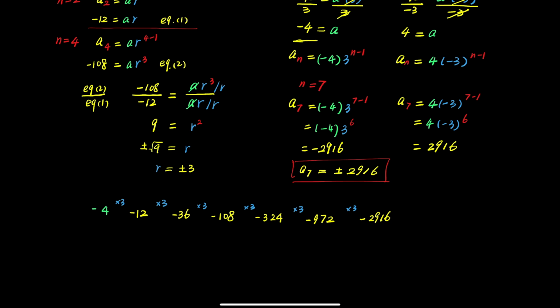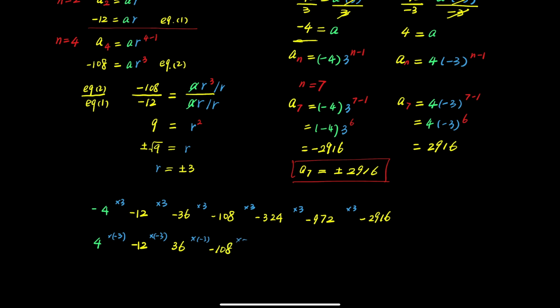If we start from positive 4 with a common ratio of negative 3, then the second term will be negative 12. The third term will be positive 36, because negative 12 times negative 3 turns into a positive number. Then the fourth term is negative 108.